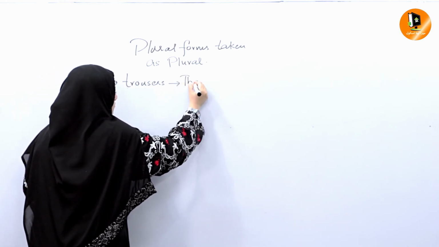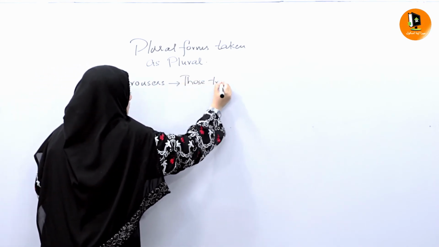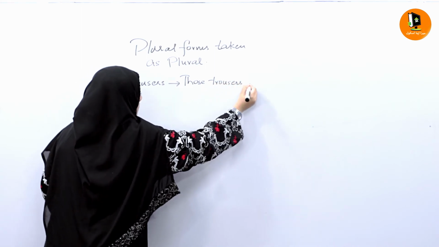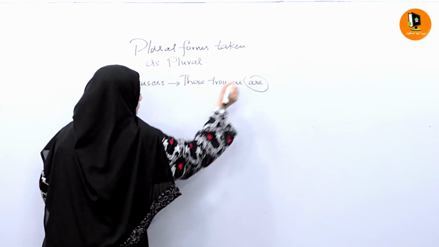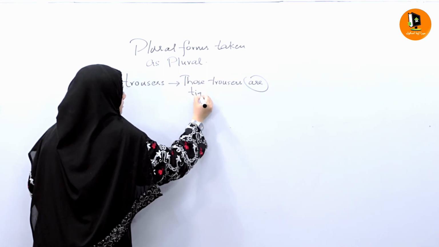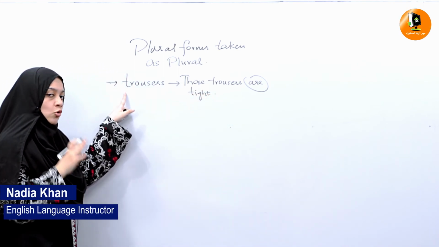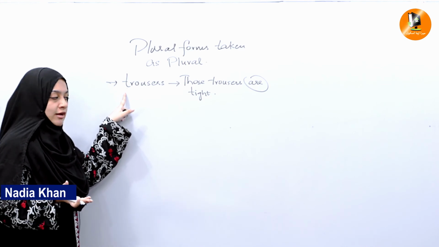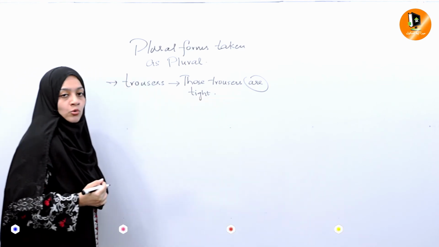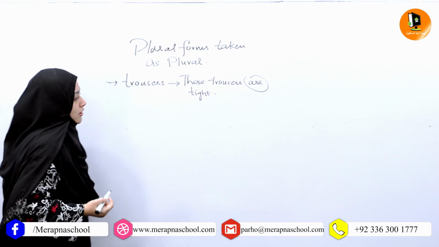Those trousers are tight. So they are plural forms. No matter they are a single pair, they are taken as plural only, as I represented with the are.